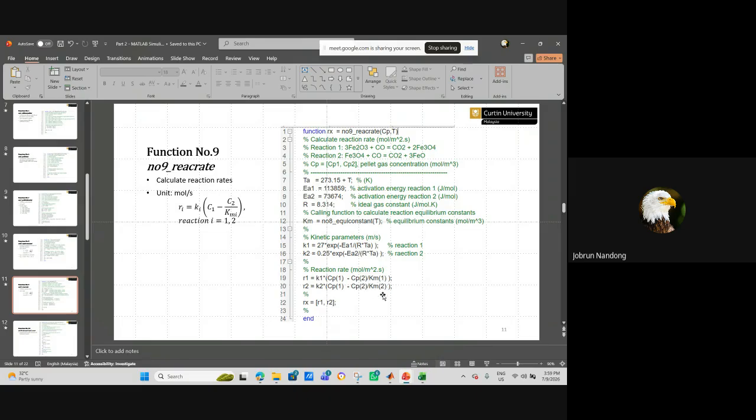Km1 for reaction number 1, Km2 for reaction number 2. Then after that, we vectorize it again. Rx equal to R1 and R2. So we keep these two values within a single vector Rx. All right, now we can test it. So this one requires input the concentration of the gas in the pellet and the temperature of the pellet.